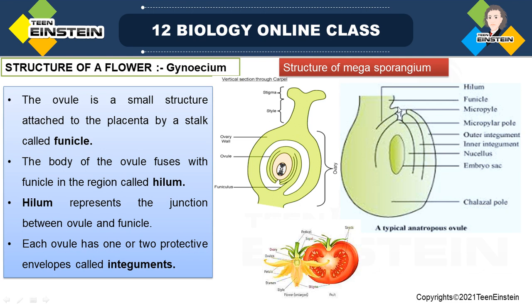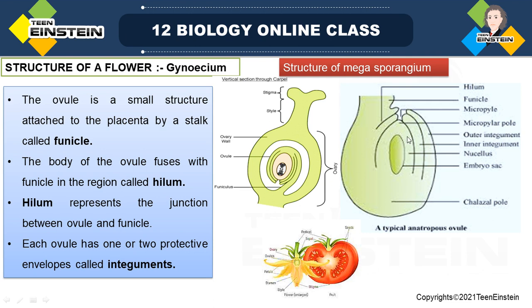Here you can see these protective coverings called integuments. The integument covers the nucellus except at the tip. The tip portion is not covered, and all the other portions are covered by the integuments.